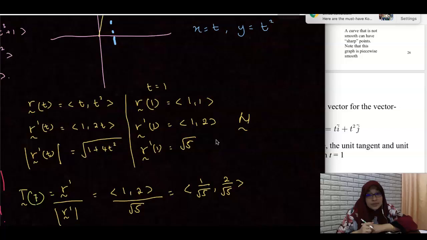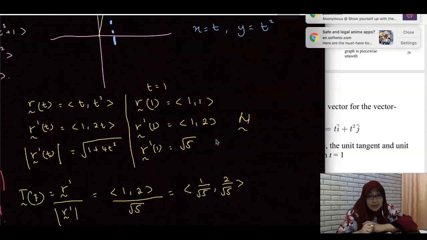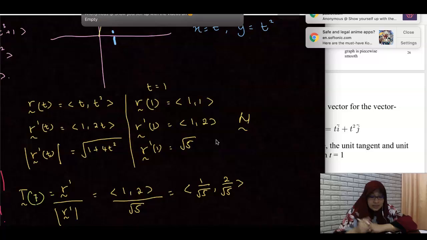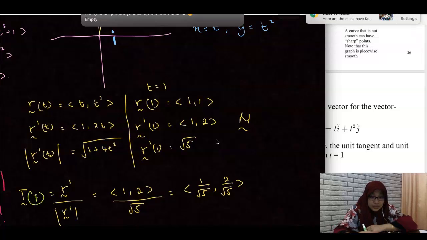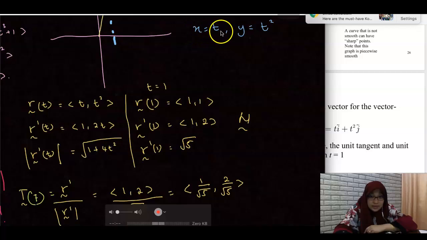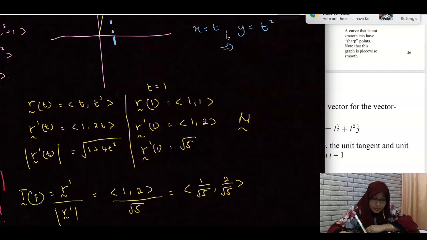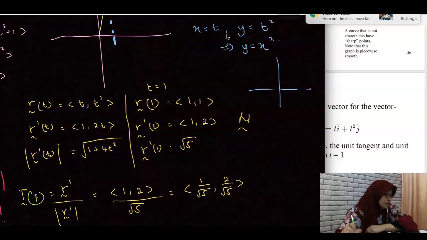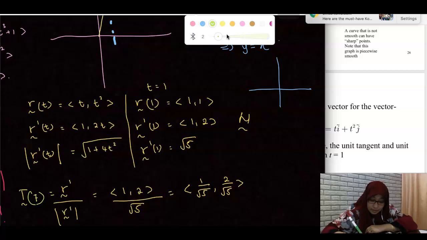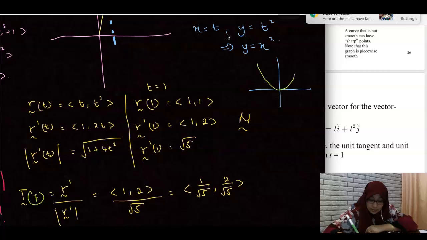So how can you convert from parametric equation into Cartesian, which is just x and y? I have mentioned that before. In this case, you just use substitution. Since t is equal to x, from there you have y equal to x squared. So now you have a quadratic. Since we have only i and j, you have to sketch onto the xy system. So your graph is a quadratic graph on the xy plane.